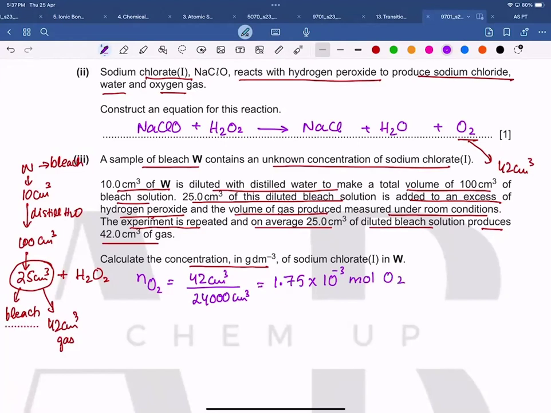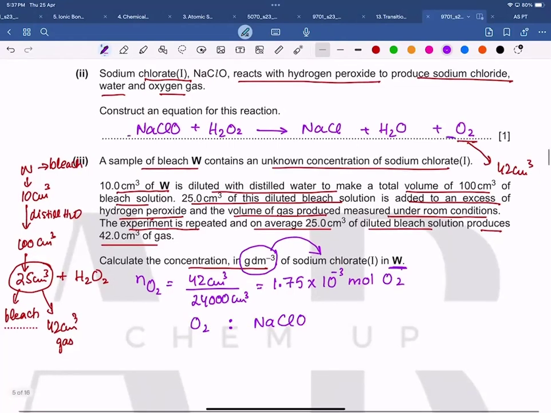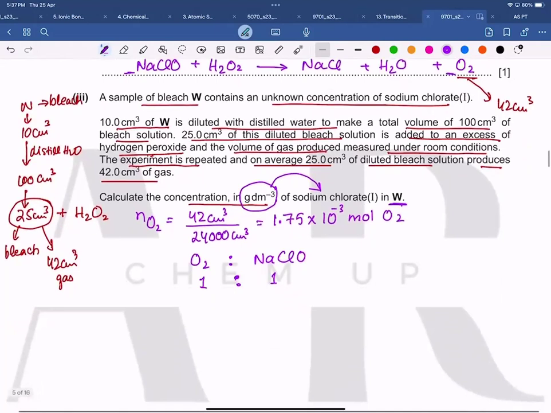And what we have to do, we have to calculate the concentration in g/dm³ of W, right? Okay, so now take the mole ratio because we have to know the moles of NaClO. Their mole ratio in the balanced equation is 1:1. So if 1 mole of oxygen is formed, it must be formed from 1 mole of NaClO.